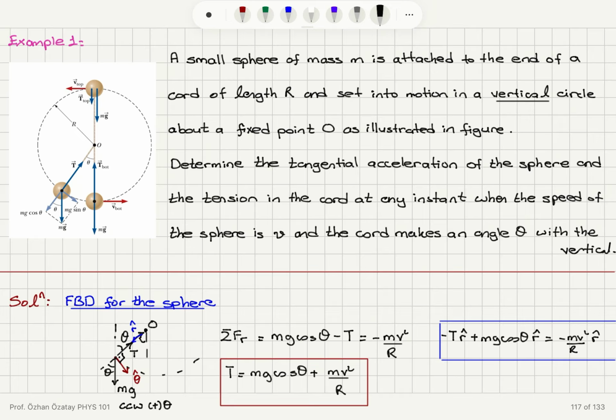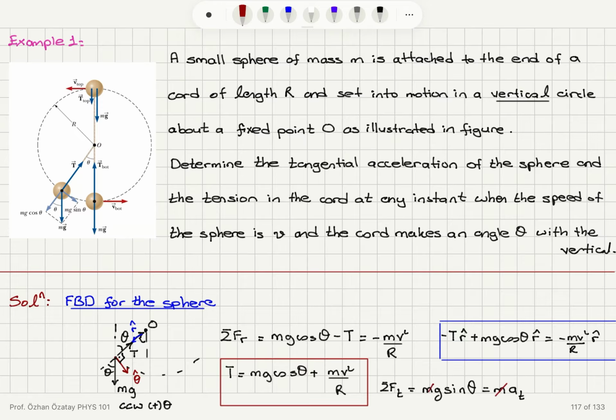Now I can write the tangential force. The tangential force comes not from tension but from the component of mg on theta hat, which is mg sine theta, and you can see it's in the theta hat direction, so this is mg sine theta in the plus theta hat direction, which is mass times the tangential acceleration.